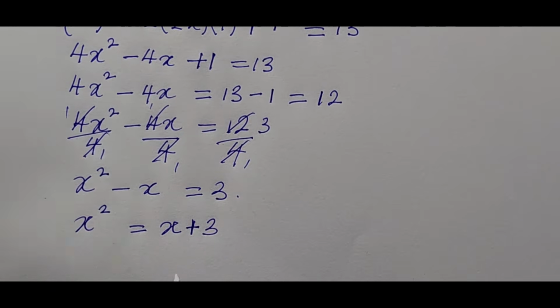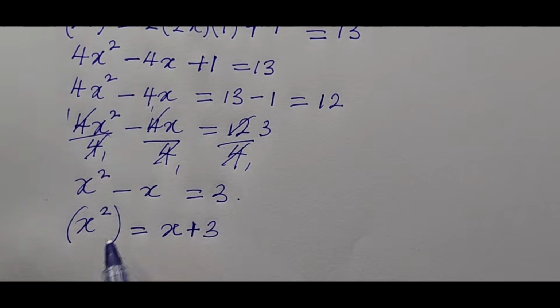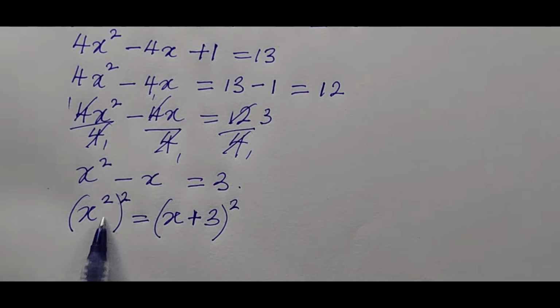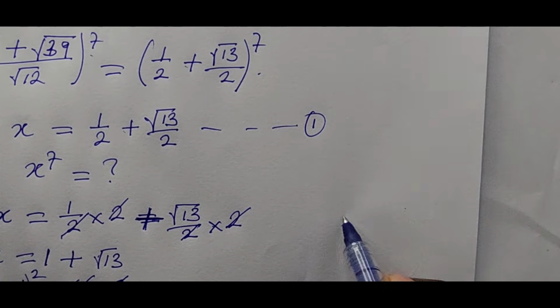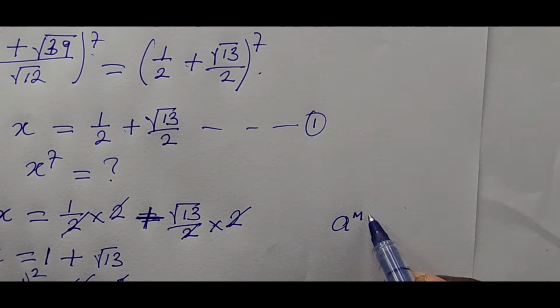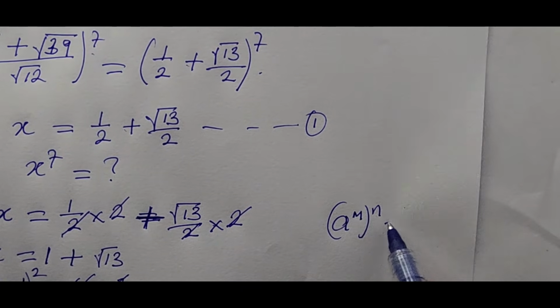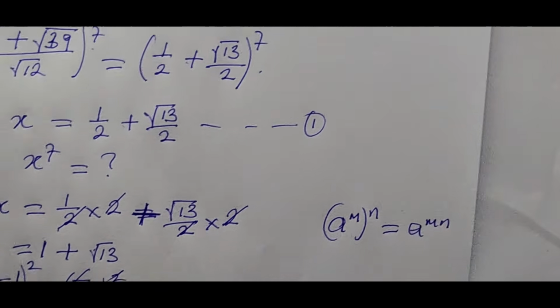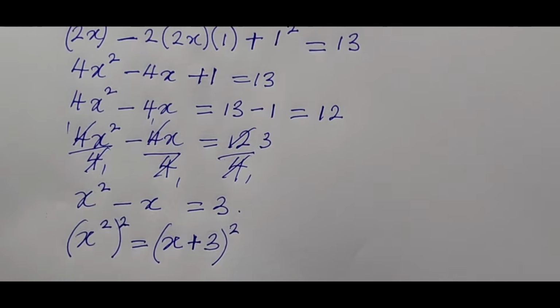So if we square this equation, we're going to have x to the power of 2 all raised to the power of 2, then x plus 3 all raised to the power of 2. Again, if we apply the law of indices, when you have a to the power of m bracket n, this is equal to a to the power of mn. So we want to multiply these powers out.